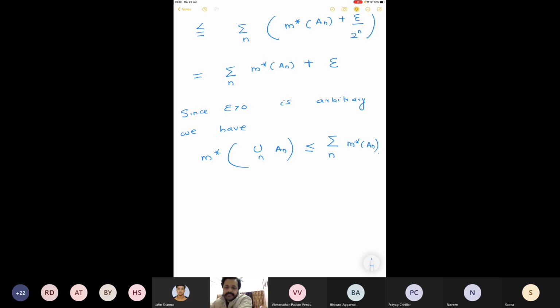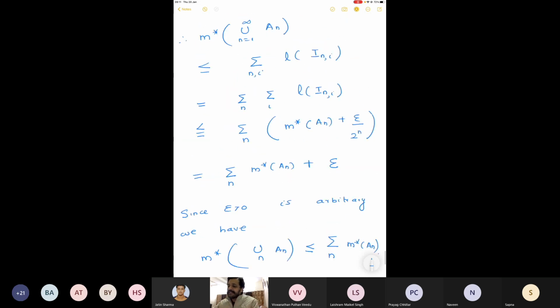Is that what you are expecting for a good measure? If something has to be called a measure, what do you expect? Is it subadditivity or countable additivity? Which one do you expect? Countable additivity. If you recall, I have told you that one desirable property which we put as an axiom for a general measure is that mu of the union of A_n should be equal to the summation of mu of A_n for a countable disjoint family.